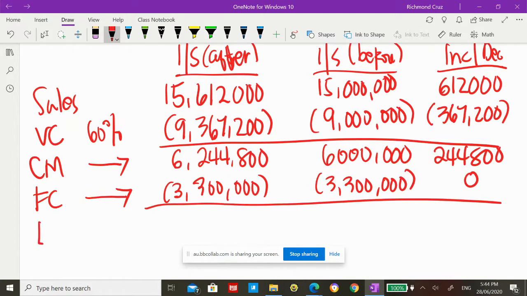Therefore, this will be the EBIT or operating income: 6,244,800 minus 3,300,000, so this is 2,944,800.